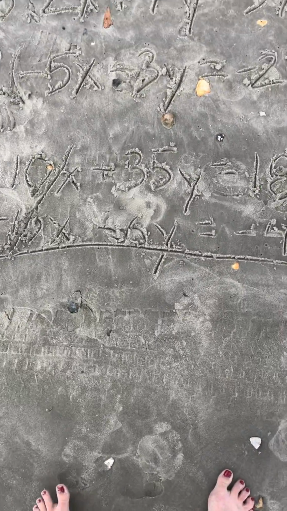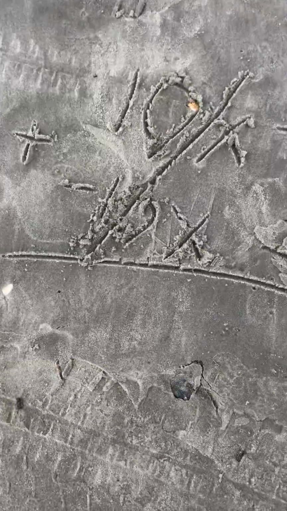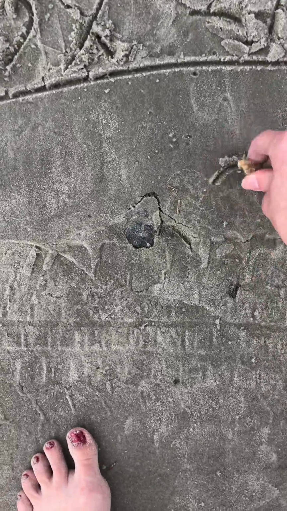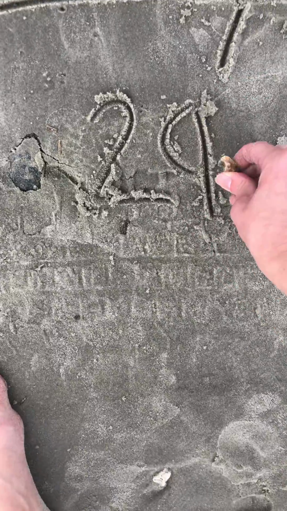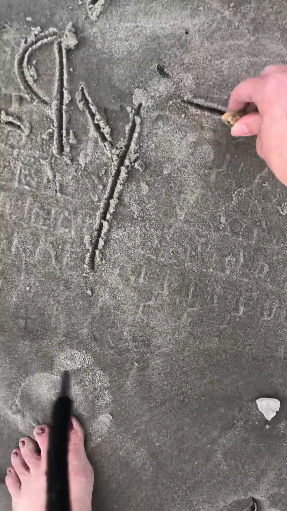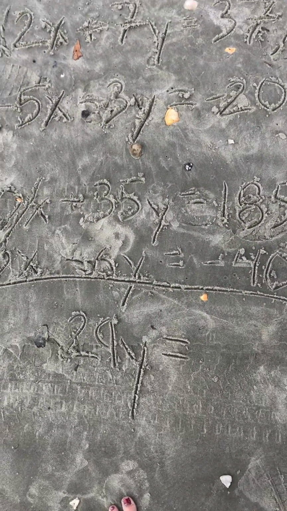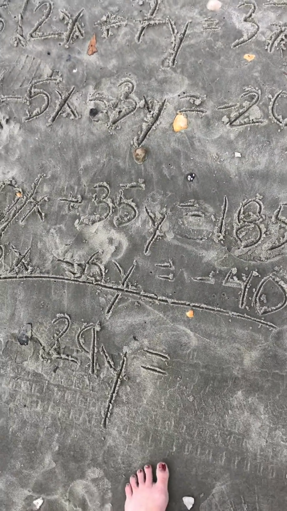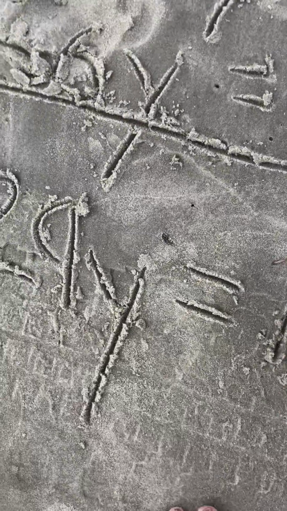We have 35y minus 6y. That's going to make, looks like positive 29y. Alright, 185 minus 40 is going to end up making, let's see here, 145.